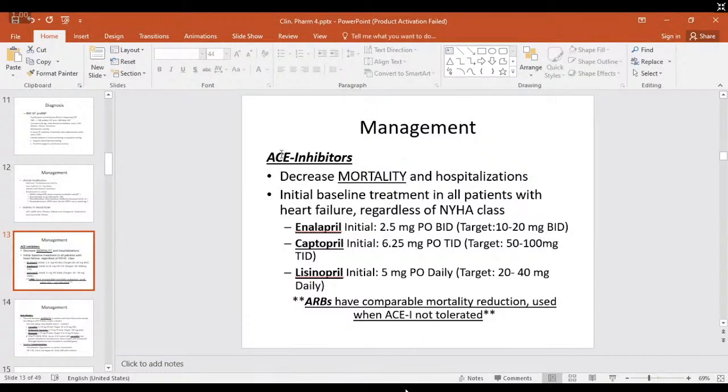ACE inhibitors, they decrease both mortality and hospitalizations in patients with heart failure. And we're especially talking about heart failure with a reduced ejection fraction. For heart failure with preserved ejection fraction, the therapeutic options really are not that much. We need to treat their hypertension, and we need to treat their coronary artery disease if they have such disease.